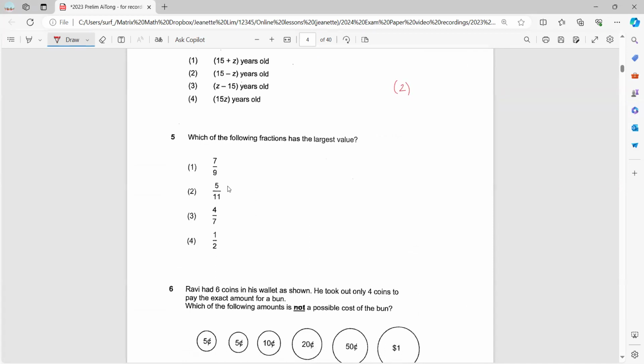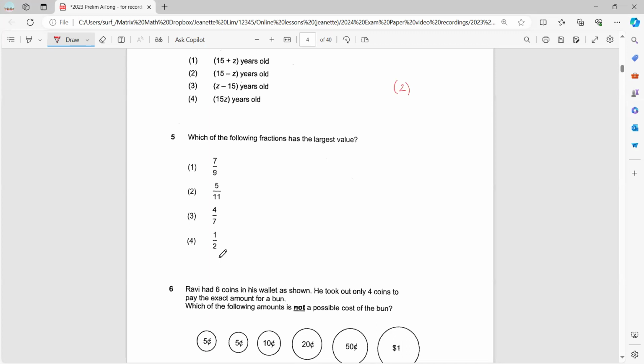Which of the following fractions has the largest value? Okay, we're gonna eliminate some possible answers first. So we are going to eliminate those answers that are definitely not correct, so that we don't need to do a lot of calculations by making all of them either same numerator or same denominator. So let's look at more than half and less than half.